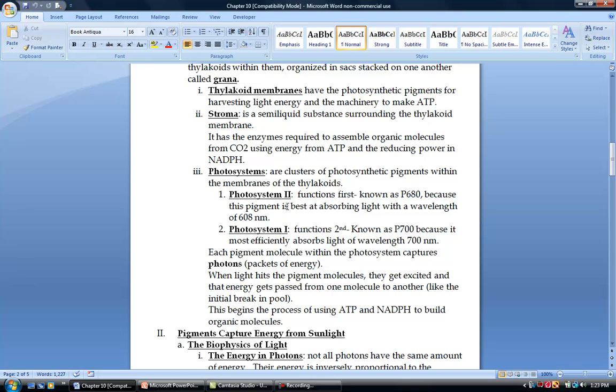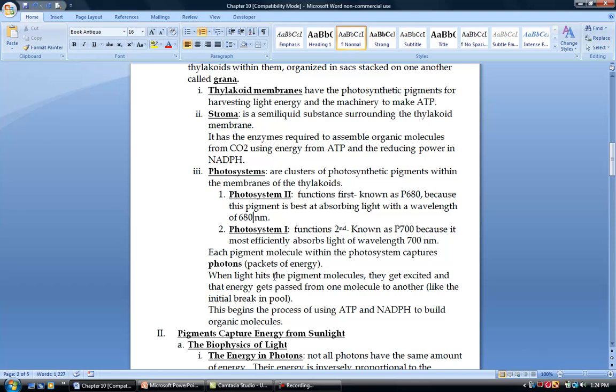So photosystem 2 is going to be called P680, and the reason for that is because it's very good at absorbing light with a wavelength of, that should say, 680. Photosystem 1 is going to be functioning second, and that's called P700, and that's because it most efficiently absorbs wavelengths of 700 nanometers.